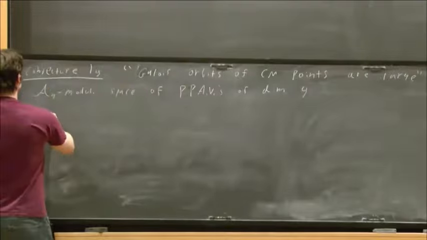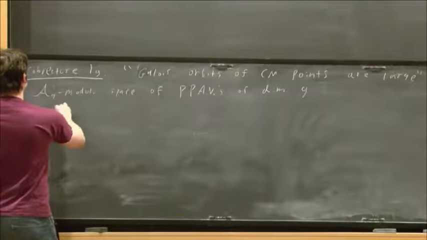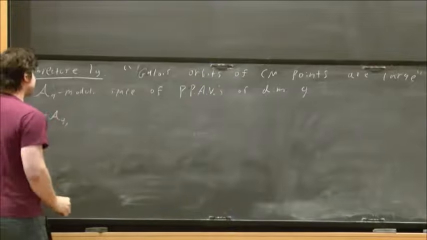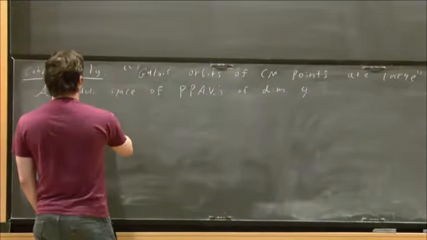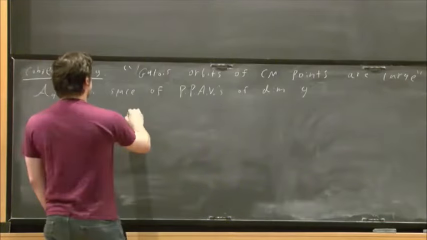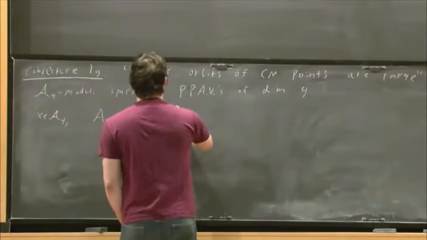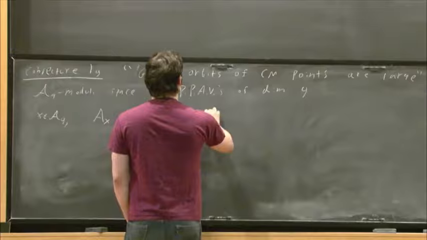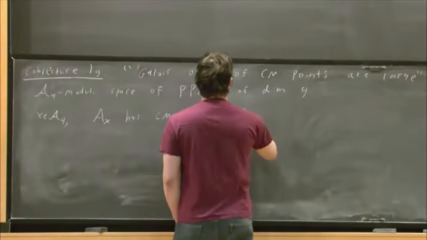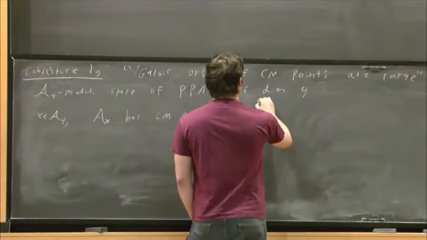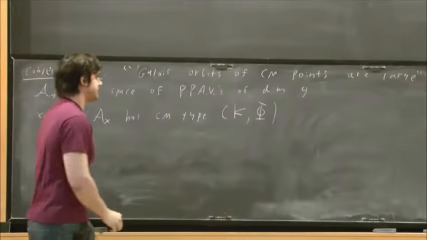Now suppose that x is a point in A_g such that the corresponding abelian variety A_x has CM type corresponding to some CM field K with some CM type phi.